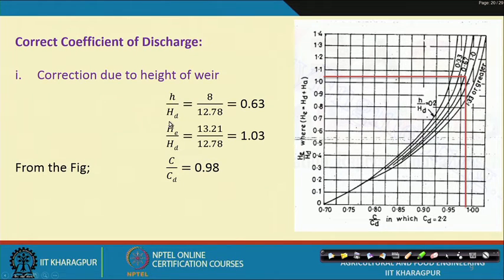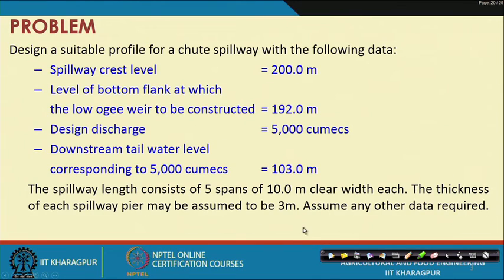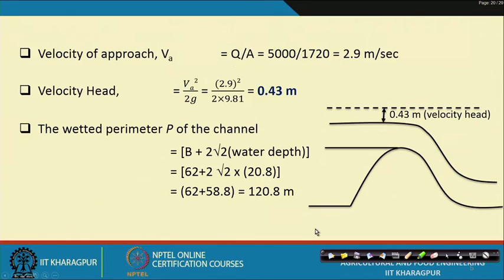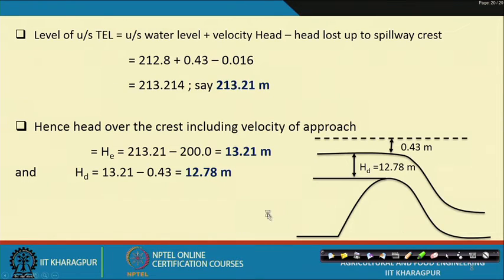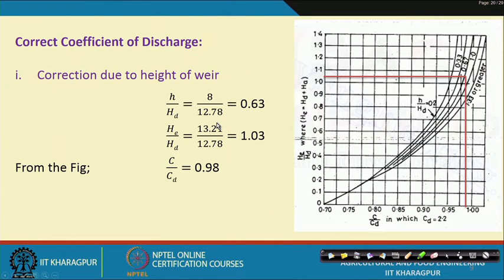So, h upon h d: we take h as 8 meter, as given in the problem, and h d we calculated as 12.78. So, it comes out to be 0.63, and h e upon h d we again calculate as 1.03.